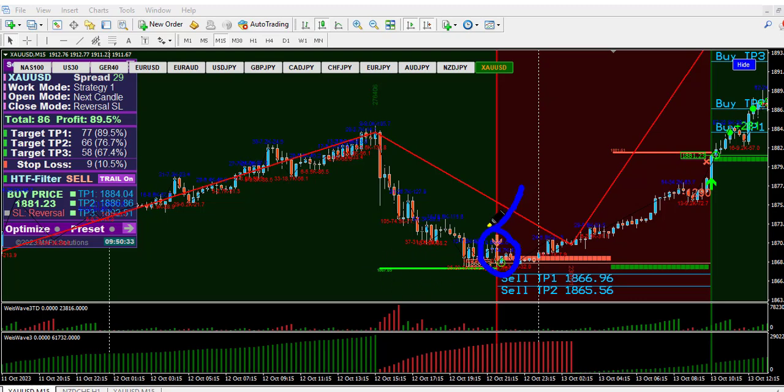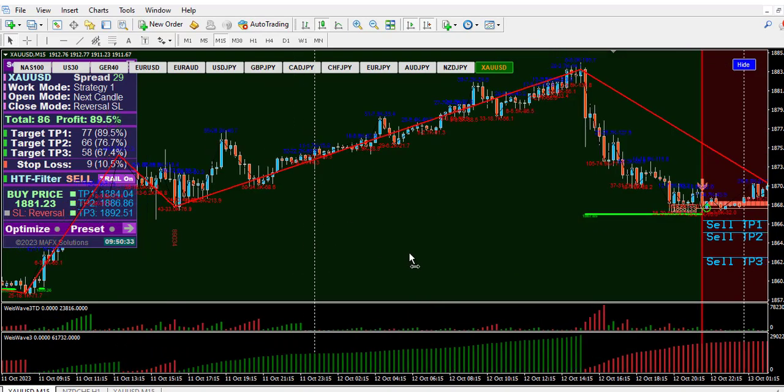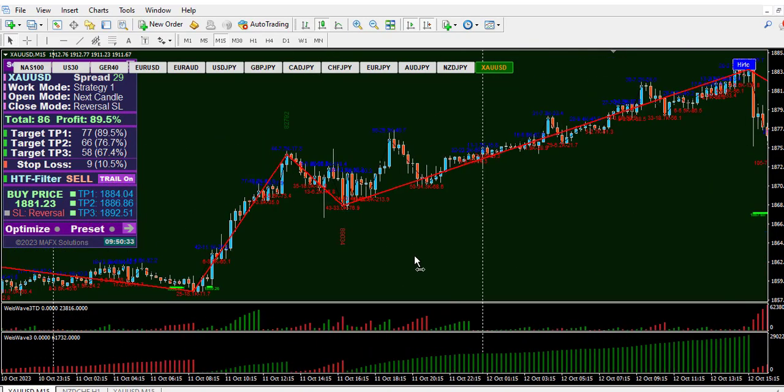It would have hit your stop loss, and that was why I use moving averages to confirm this trend before I take my trade. So it did not deliver. Now let's check another day, or look out for another signal.